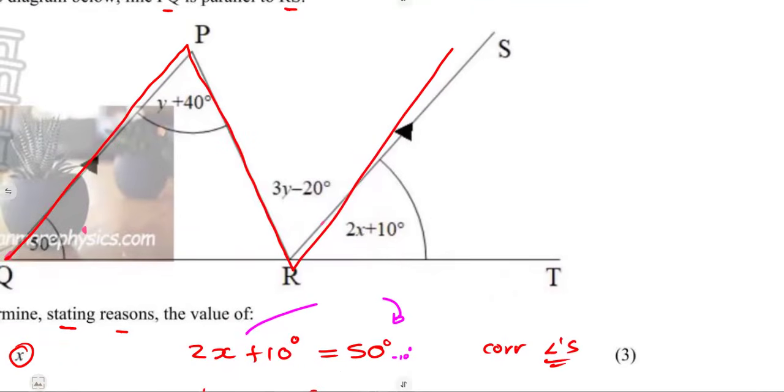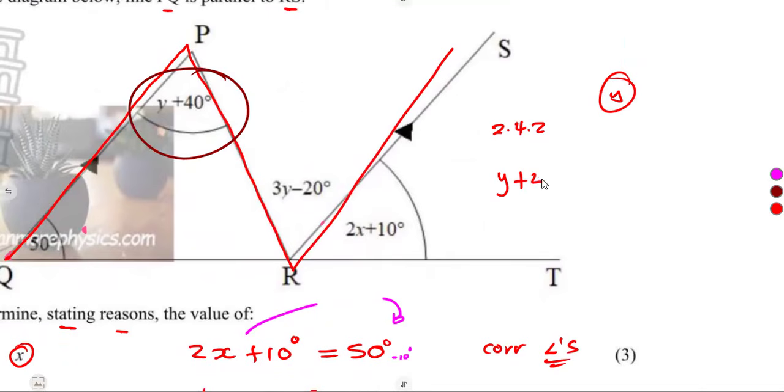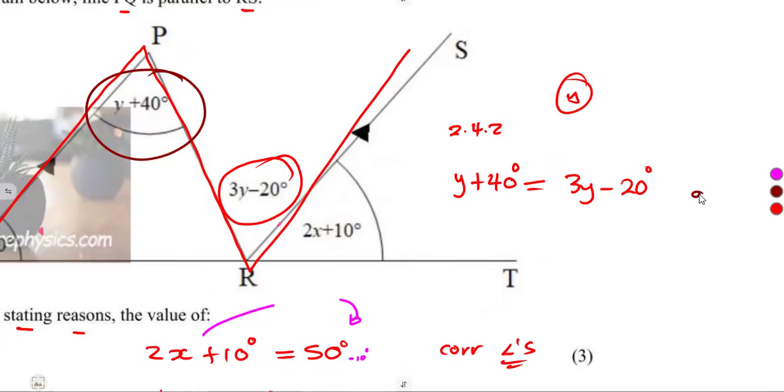We are forming a Z. So to find the y value, we simply have to equate the angle at P, which is y plus 40 degrees, to the angle at R, this one, which is 3y minus 20 degrees, where we form a Z. Z angles, alternate angles. So we are talking of what? The alternate angles.